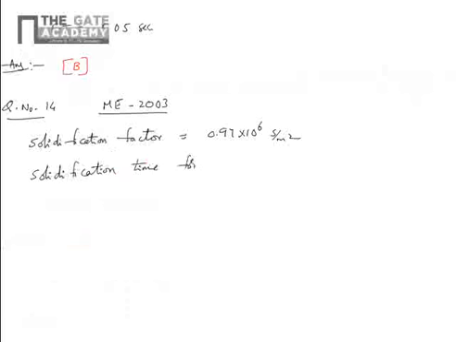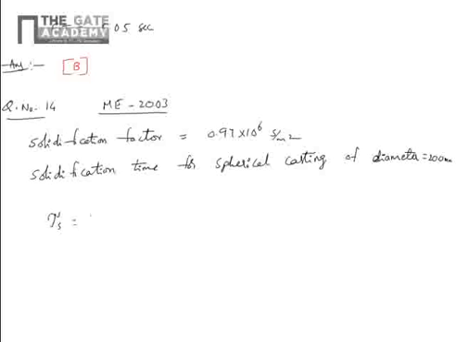For a spherical casting of diameter 200 mm, solidification time Ts equals K into (V by As) whole square.